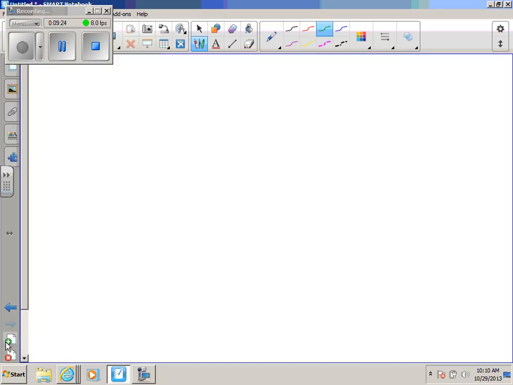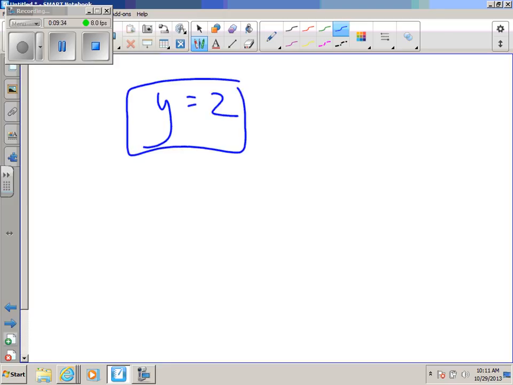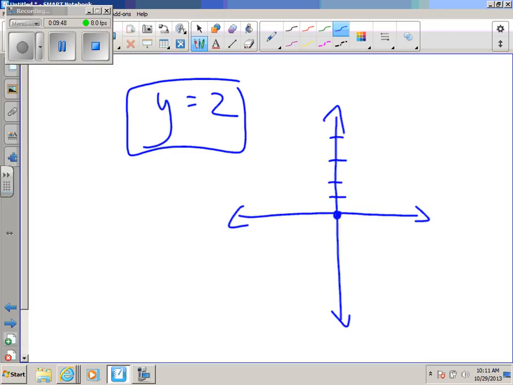Sometimes you'll see some crazy looking linear equations like y equals 2. Okay. How do you graph that? Any ideas? Does it tell us what x is?